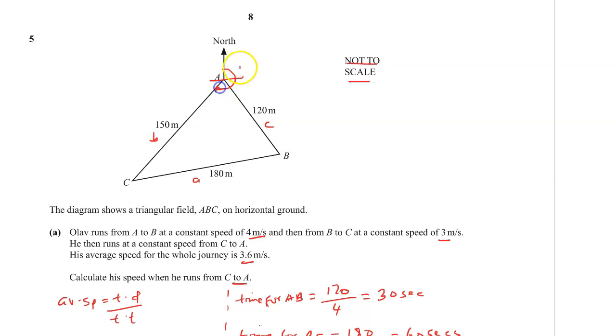This is 210, and we know this angle here. This angle is 82.8. Therefore, the bearing of B from A is 210 minus 82.8.